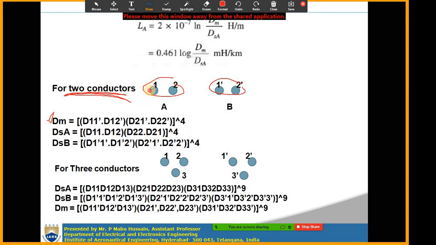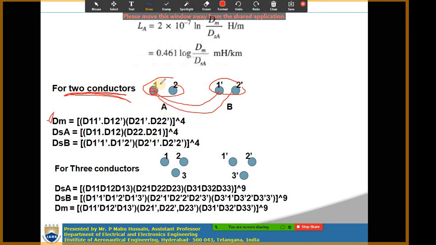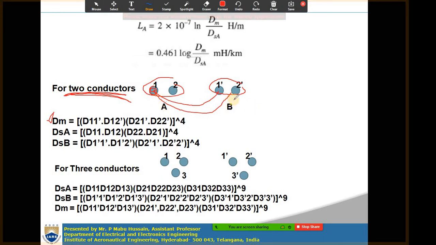Suppose you take the first filament in conductor A, then the mutual distances from all filaments of B will be D1 1 dash, D1 2 dash. These are the mutual distances when you consider the first filament in conductor A and all the filaments in conductor B. So, this is the first product.